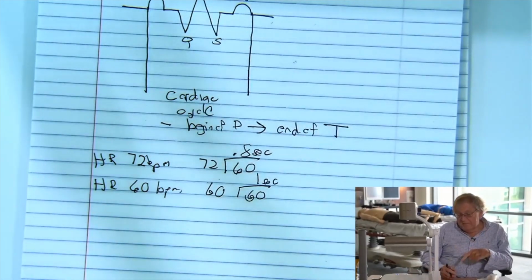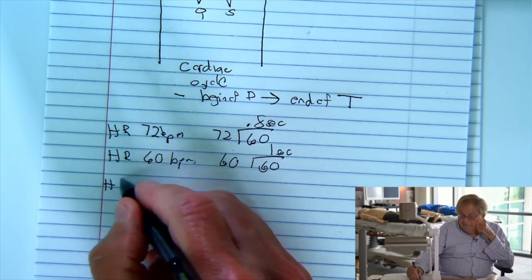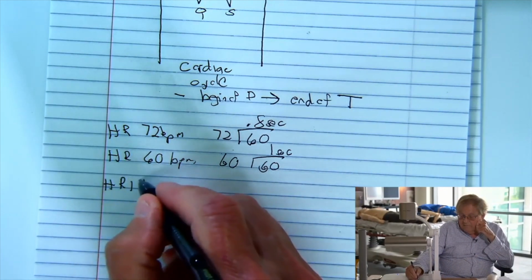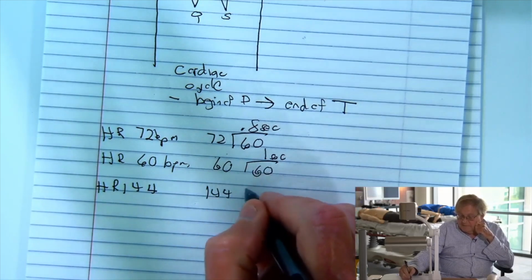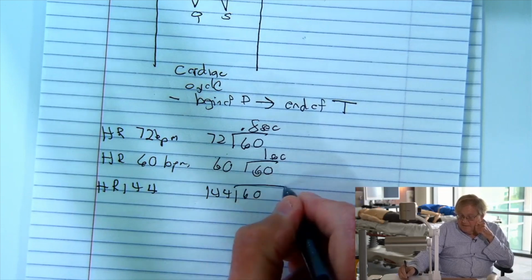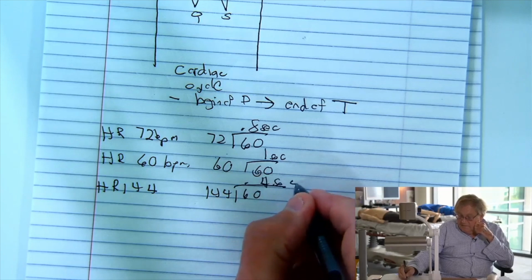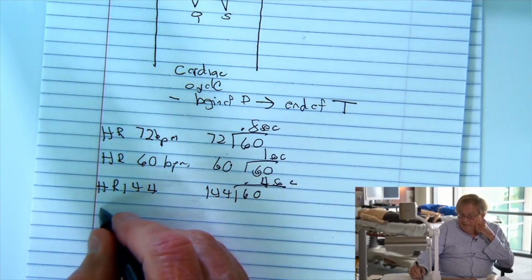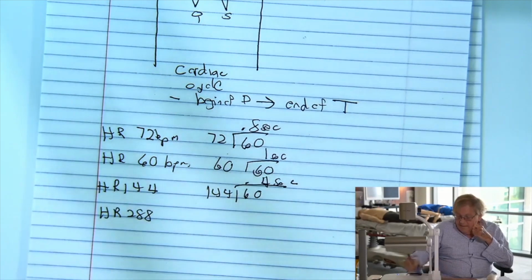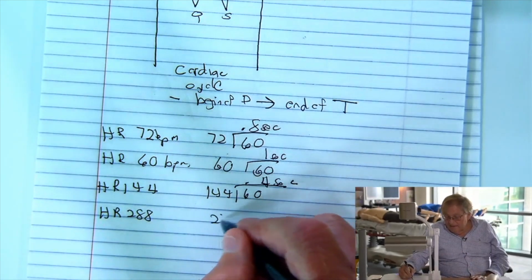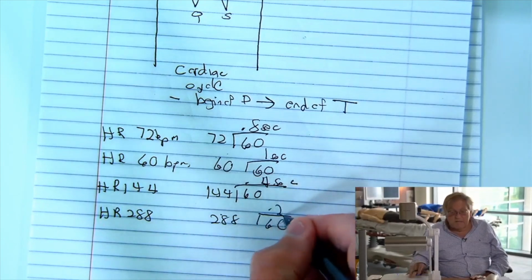But if I was to double that 72 and go up to a heart rate of 144, I would take 144 into 60. Remember, there's 60 seconds in a minute, and that's going to be 4/10 of a second. If I doubled that again, my heart rate, which happens all the time with people, at 288, again, I would take 288 and divide that into 60, and that's every 2/10 of a second.